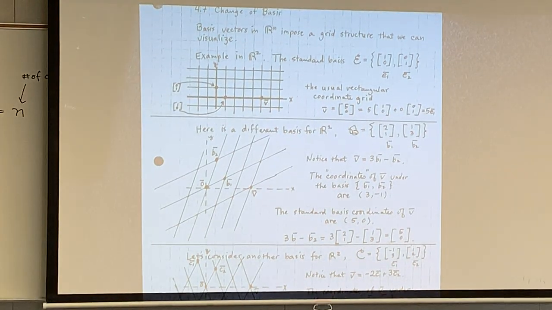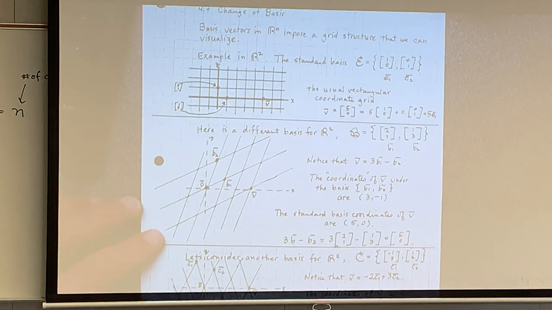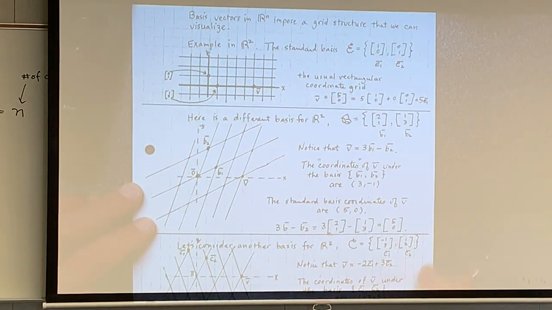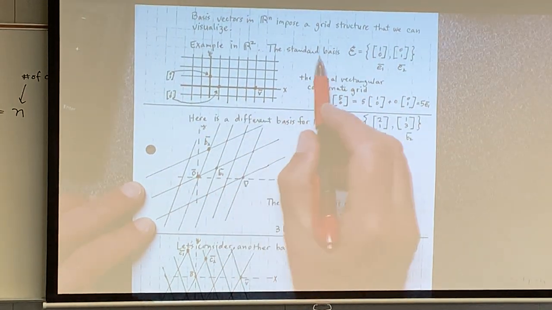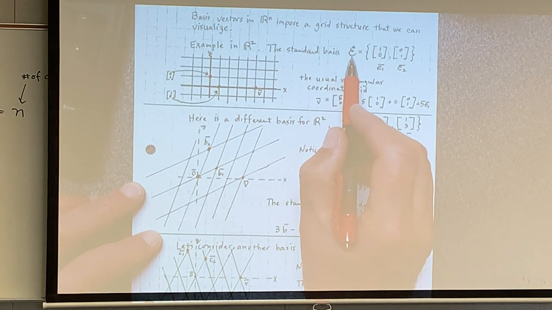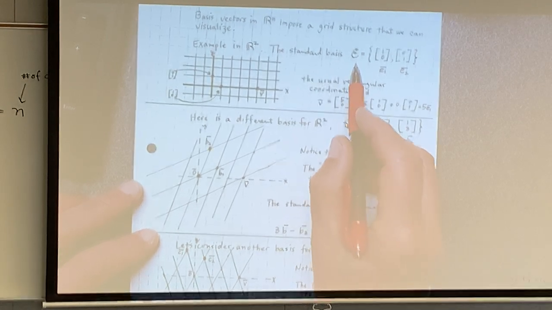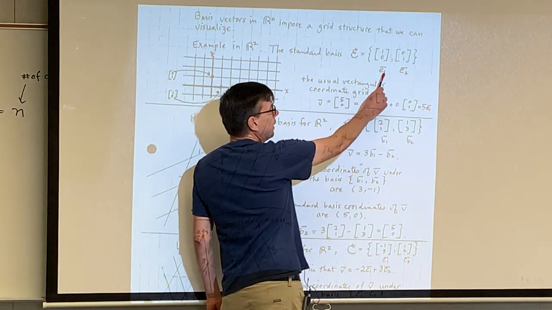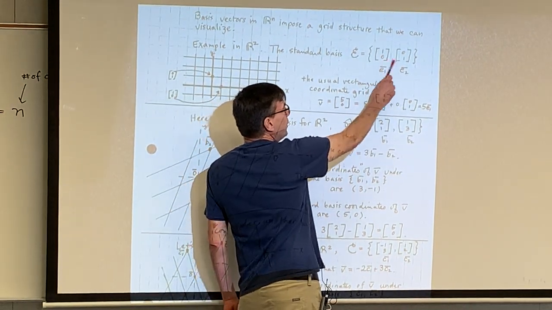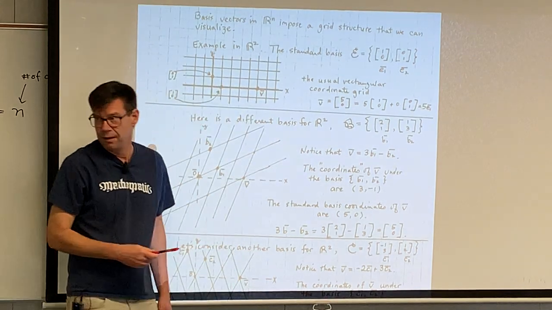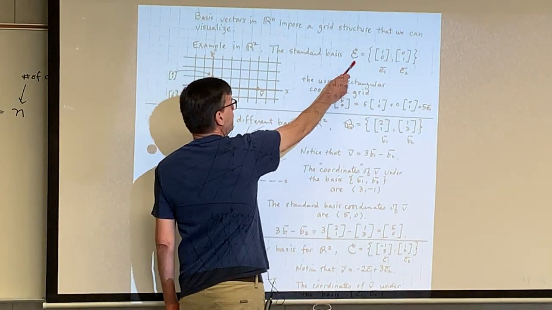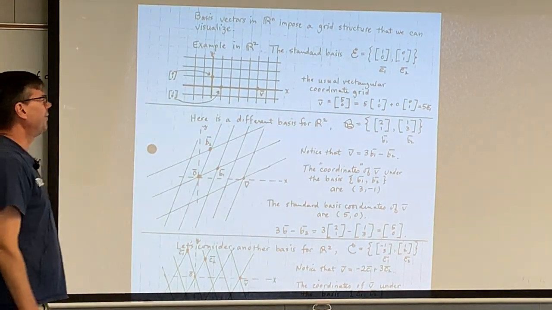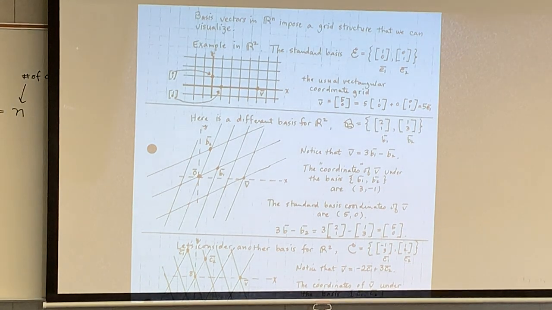Okay, so what am I talking about here? Example in R2, standard basis, which I like to denote with the letter curly E, because it reminds me of these letters E1 and E2 that we use for the standard basis vectors. I'm not sure if our textbook uses curly E, but I will.